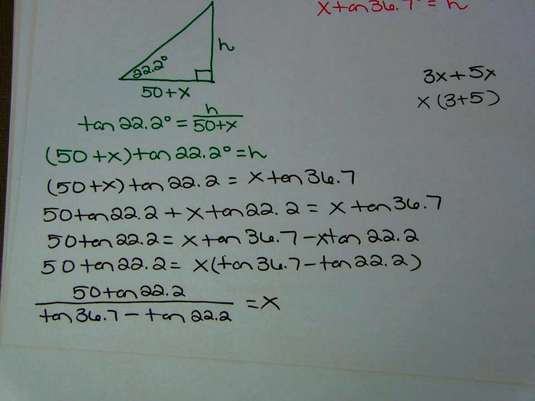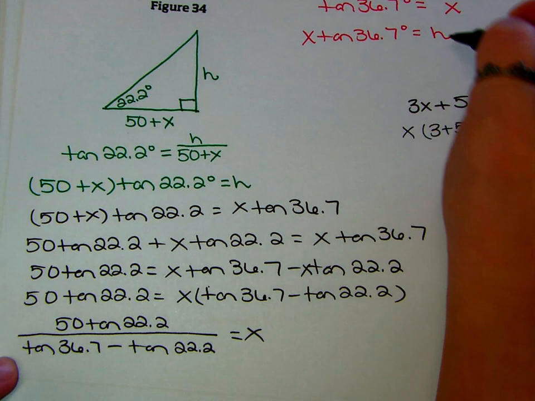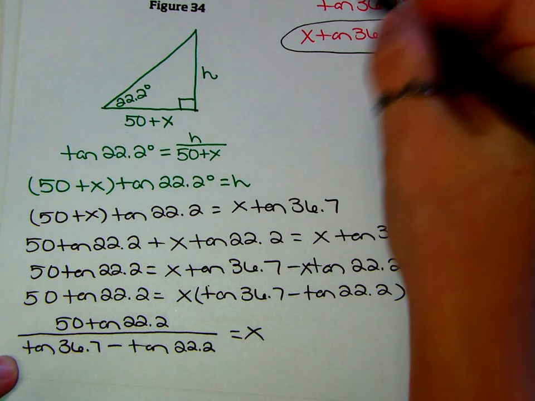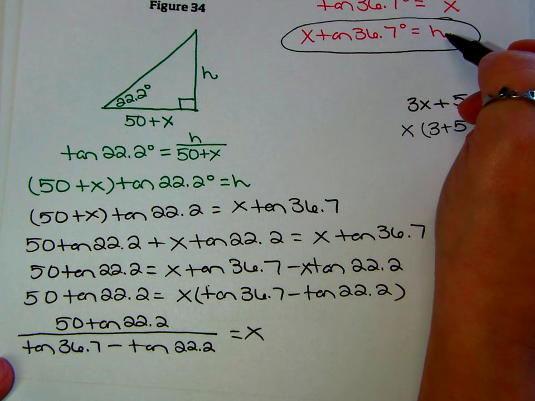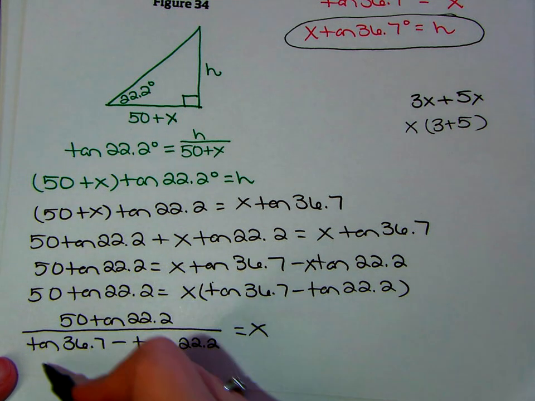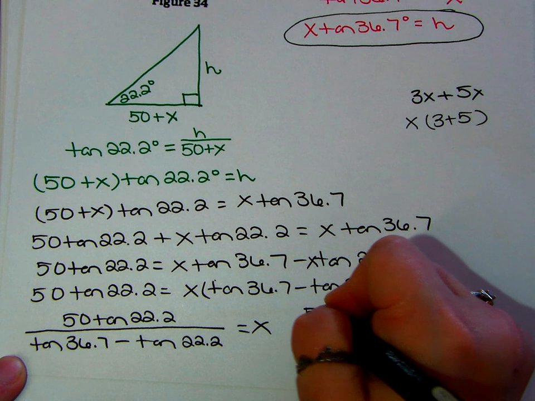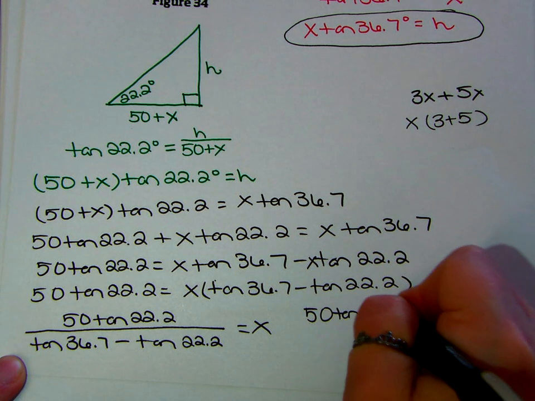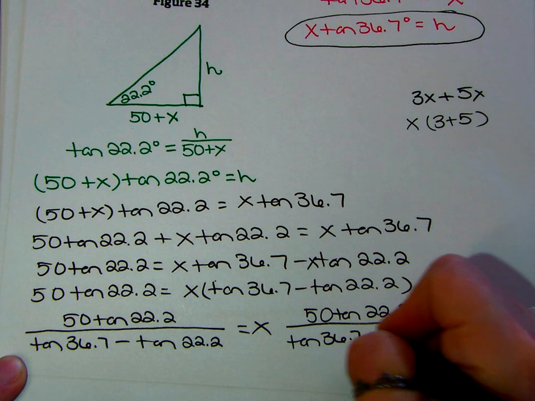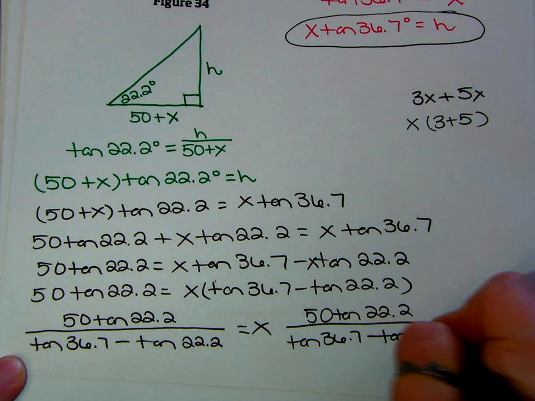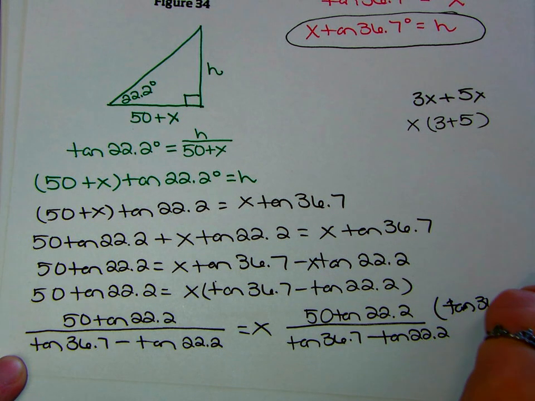But that's okay, because we have this equation where x times the tangent of 36.7 equals h. So if we take all of this big old gross thing that we just got, and take that times the tangent of 36.7, then we're going to have what h is.